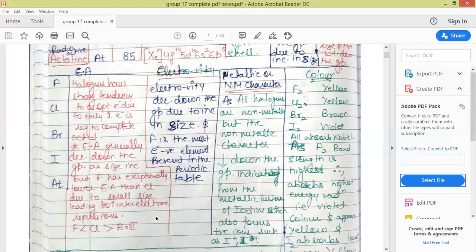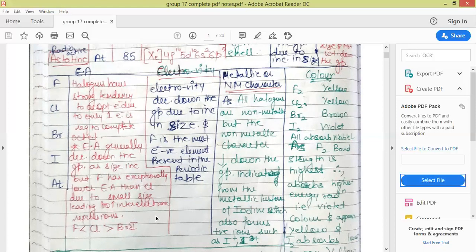Next property is the electronegativity. Halogens are the most electronegative elements of the periodic table, with fluorine being the most electronegative element of the whole periodic table. Electronegativity decreases down the group due to increase in size. Next is the metallic or non-metallic character. We have already discussed that all these halogens have non-metallic character, and the metallic character increases as we move down the group due to increase in size.